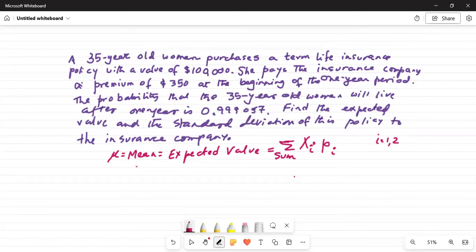So once you find the mean, then from each x value, you subtract the mean. This is the deviation from the mean. Okay. Then you square the deviation.